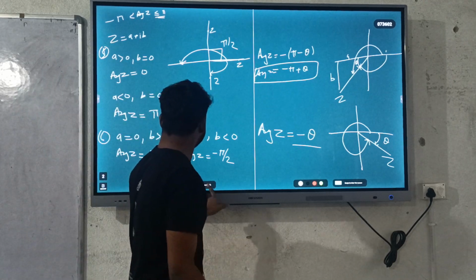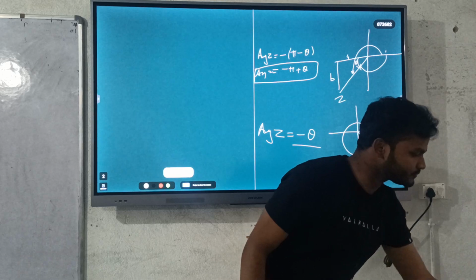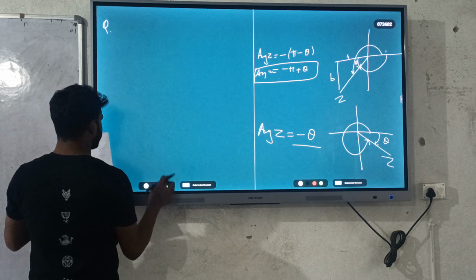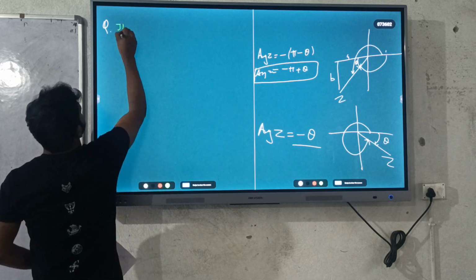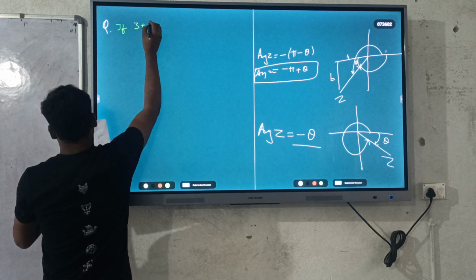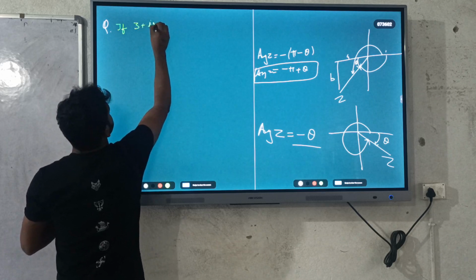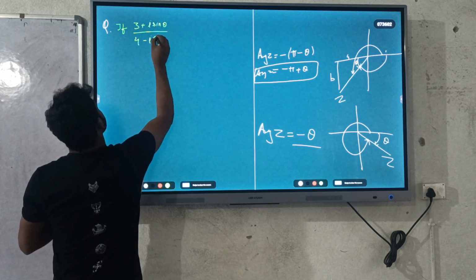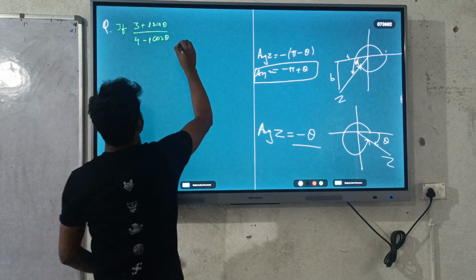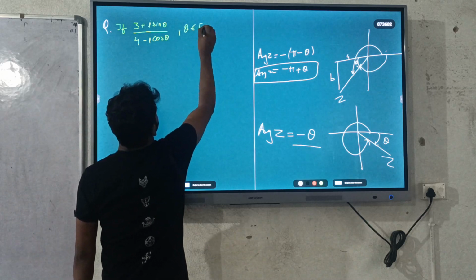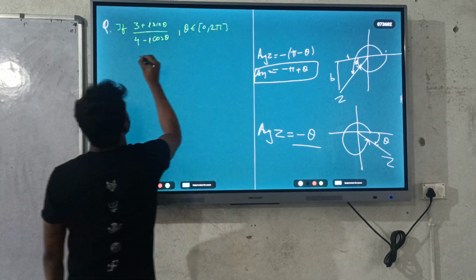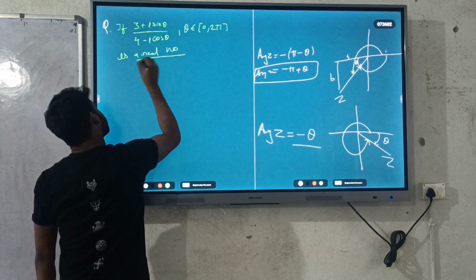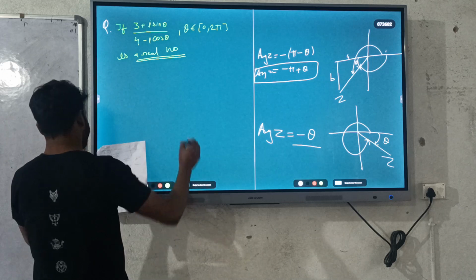Let's do a simple question to calculate an argument. So what is the question here? If (3 + 4i sin theta)/(4 - 3i cos theta), where theta belongs to 0 to 2 pi, is a real number. Remember this, it is a real number.